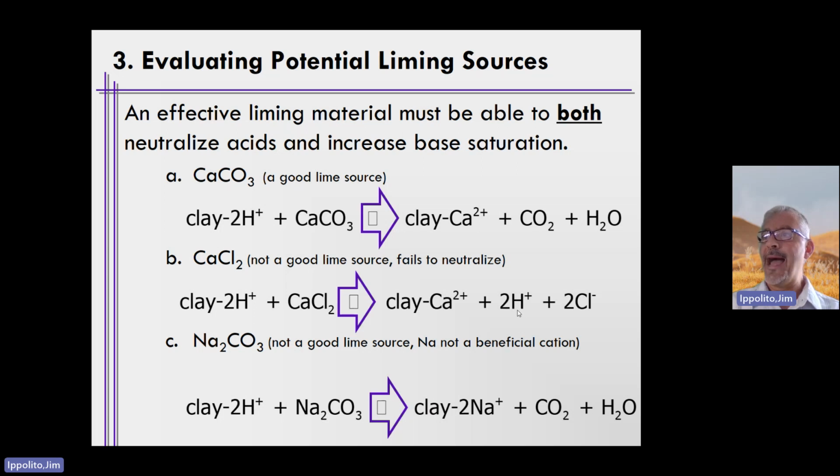What can hydrogen react with? Hydrogen has nothing else to react with except chloride from the calcium chloride. If you were to combine both of these, you get HCl, hydrochloric acid. You've just generated acidity in the soil solution. There's no neutralizing the acidity, so this is a poor liming source.